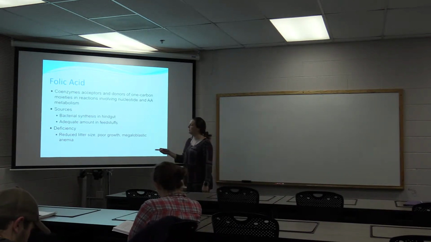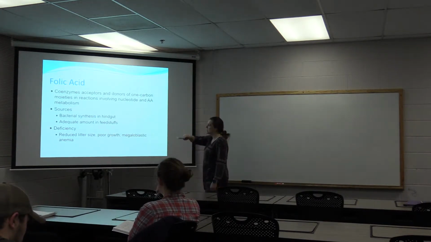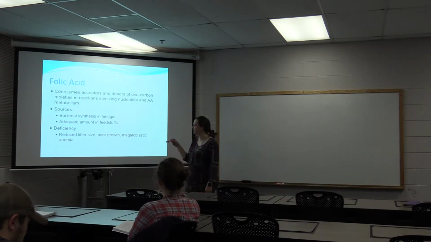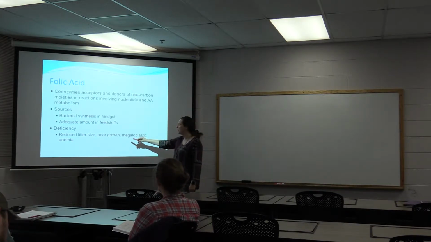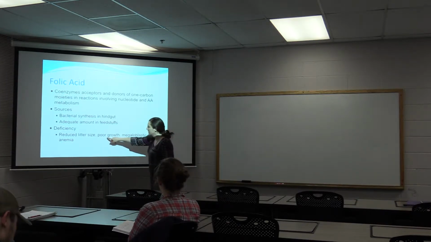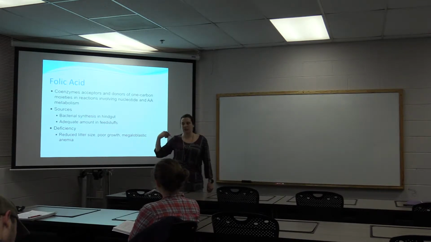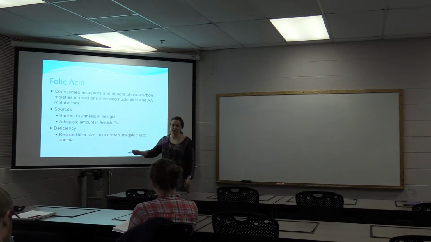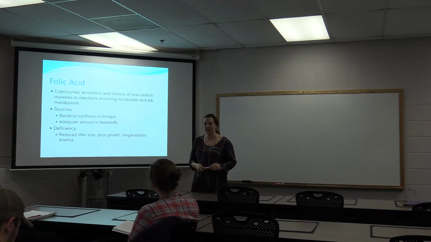Deficiency results in, well, this is for pigs or other animals, reduced egg production, poor growth, and megaloblastic anemia. I'm going to preface this by saying that we are inhibiting our purines and pyrimidines, so why do we get poor growth? Is it because DNA synthesis is slowed down?